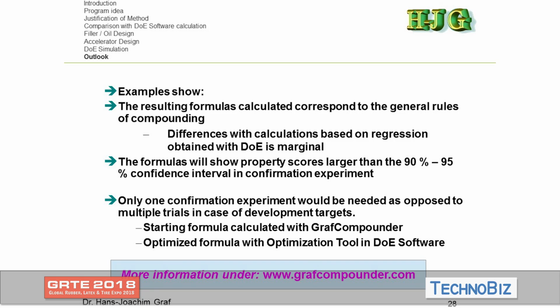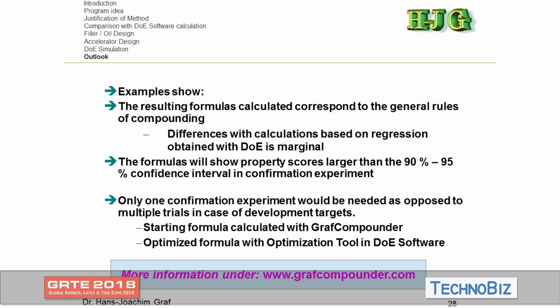We have very little differences to the experimental design, if any, very little differences to DOE software, so we can mingle those ideas. I'm still a large fan of statistical experimental design. We have formulas which score in a 95% interval. And of course, I need to do my confirmation.